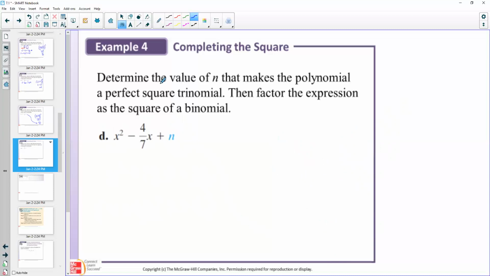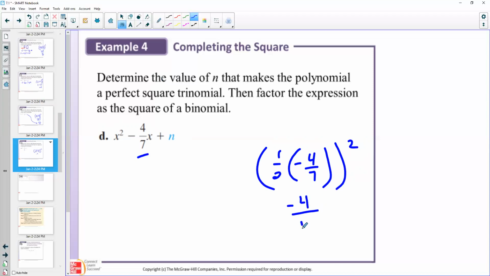Let's try this one. Same thing. Figure out the n value. It's half times negative 4 over 7, that whole thing squared. So half times negative 4 over 7 is negative 4 over 14.